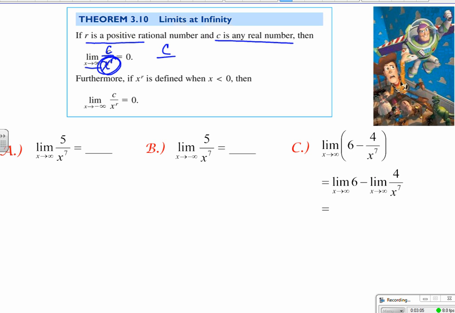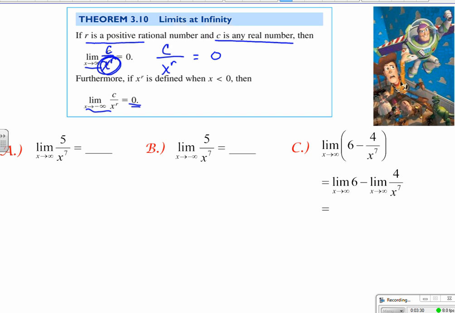I would have C divided by x to the R, and this number would get quite large. And that is going to make this go to 0. So the limit is 0. Likewise, if I'm going to negative infinity, it too will approach the value of 0. The limit is 0. So A, B, and C are demonstrations of this theorem.